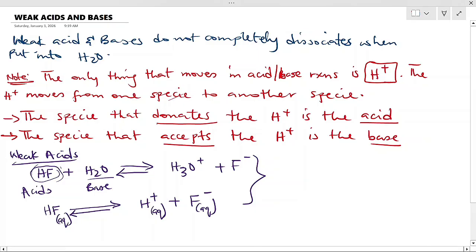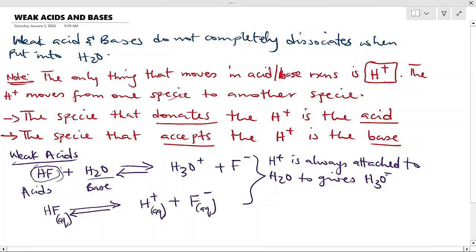So if we look at these two reactions, we are saying that H plus is always attached to water, and that gives your hydronium ion, which is H3O plus.